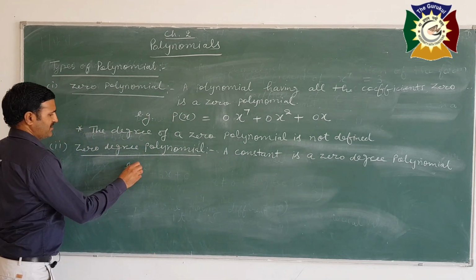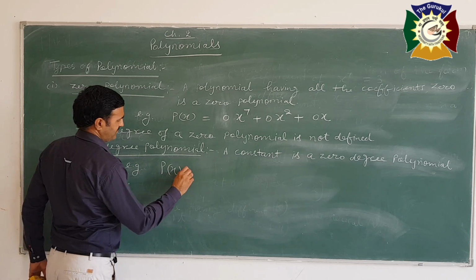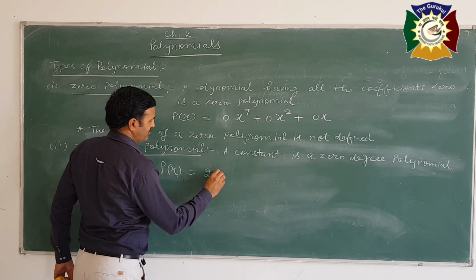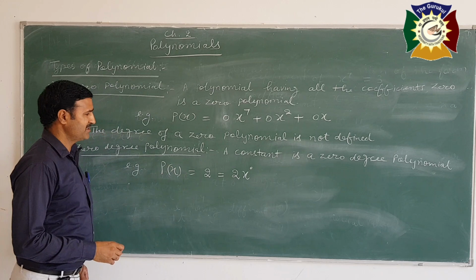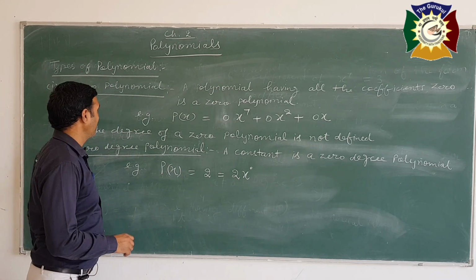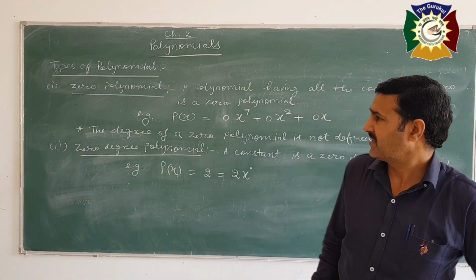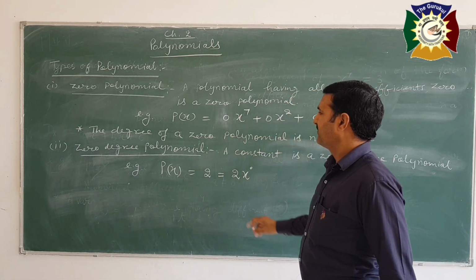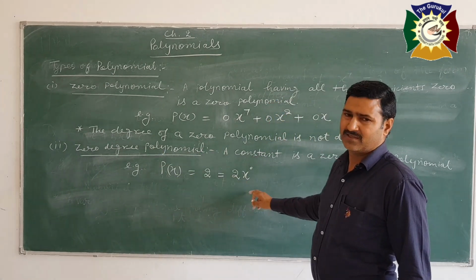And example for this, suppose a constant is given 2, we can write this as 2x raised to power 0. So the degree of this is 0. This is the example of a 0-degree polynomial. There is a difference between 0 polynomial and 0-degree polynomial. In 0 polynomial, the coefficients are important, but in 0-degree polynomial, the degree is important. Degree must be 0.